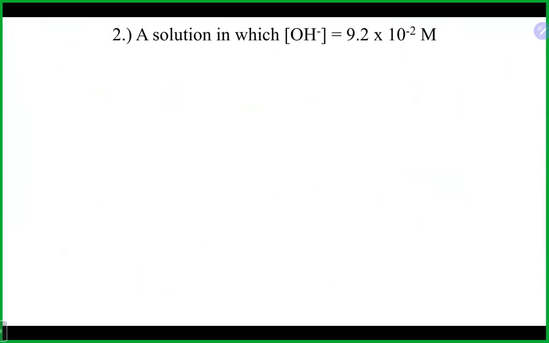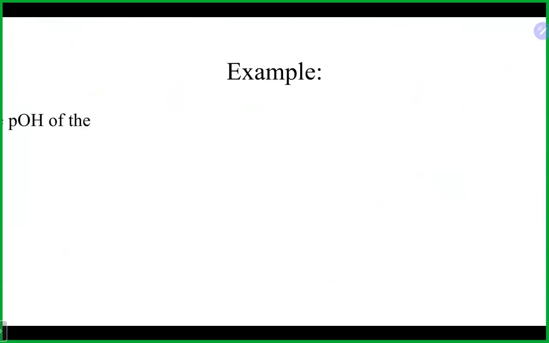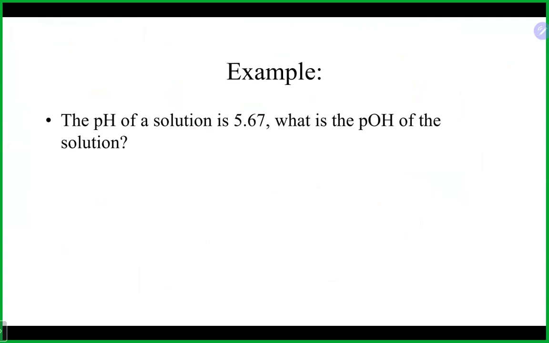So as you can see, there are a variety of options depending on which path you take. They all should, again, get you in the right spot. All right, I want to try this one. pH of 5.67. The pOH is... All right. So obviously here we have pH given to us. So the easiest thing to do is the pH plus the pOH equals 14.